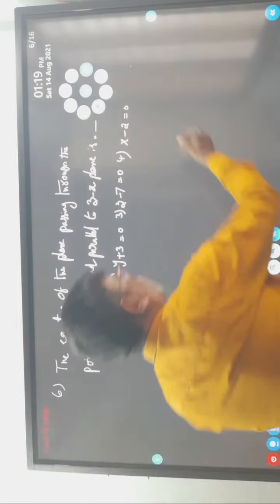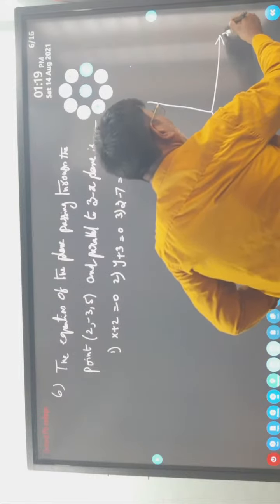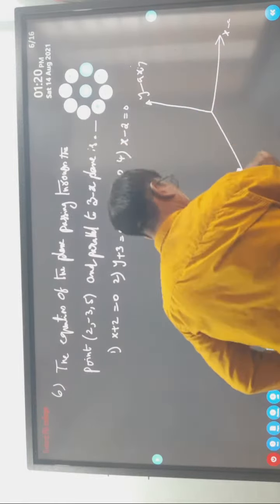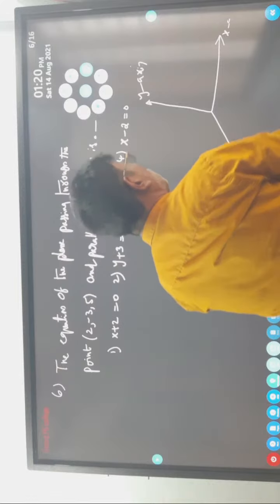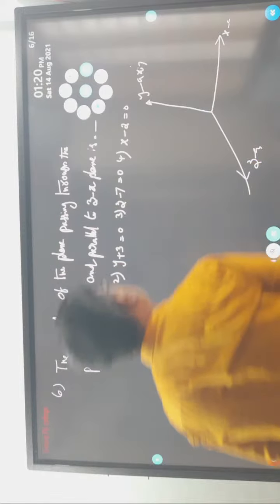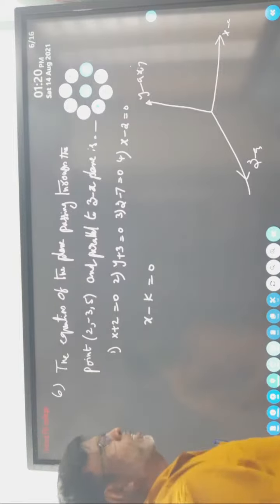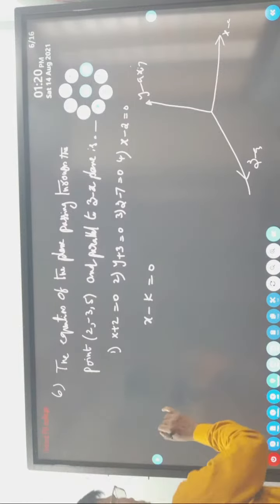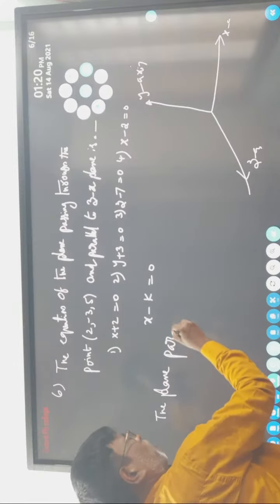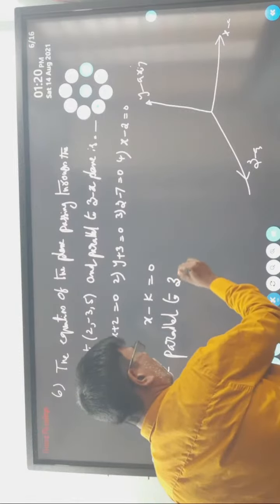Suppose the plane is drawn like this: this is the x-axis, this is the y-axis, and this is the z-axis. A plane perpendicular to the x-axis is nothing but x minus k equal to 0. Remember that. So the plane is parallel to the given zx plane.